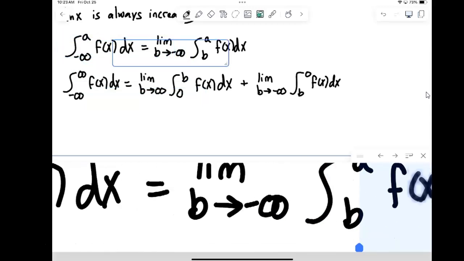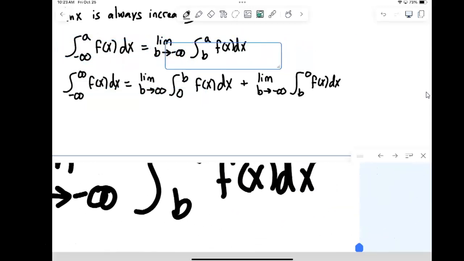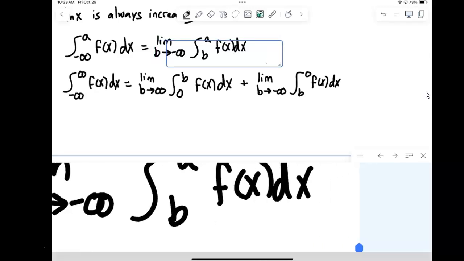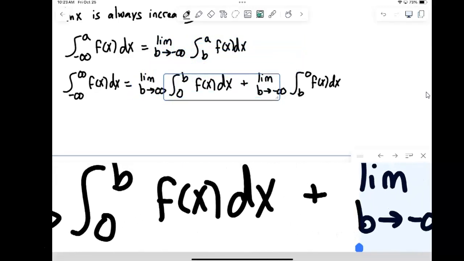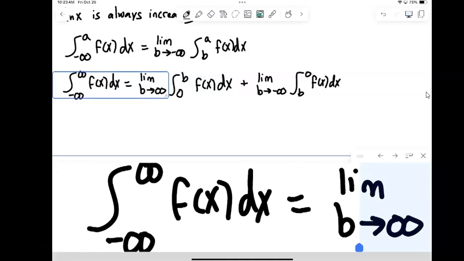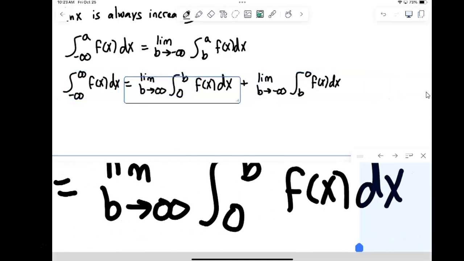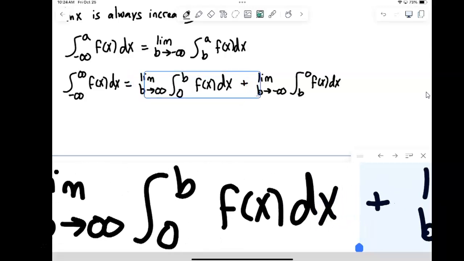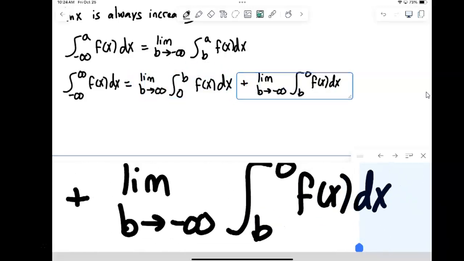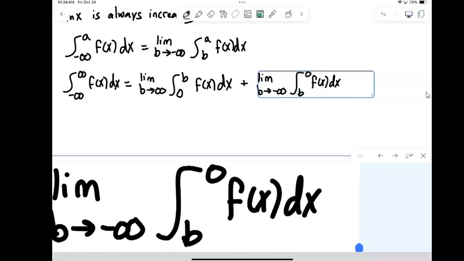Of course, we've already seen the other one that we do. Limit as b goes to infinity of the integral a to b. But if we have the whole interval, then we would break that up as two separate: b approaches infinity, 0 to b, plus b approaches negative infinity of b to 0.